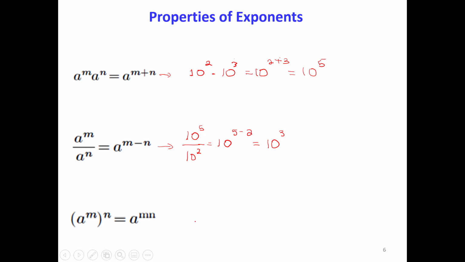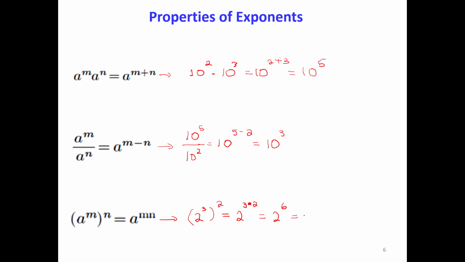The next thing is the power of a power. If we have a power of a power, what we need to do is multiply the exponents. For example, if we had 2 to the third, all to the second, what we have to do is multiply the exponents. Here is multiplication: 2 times 3 is 6.